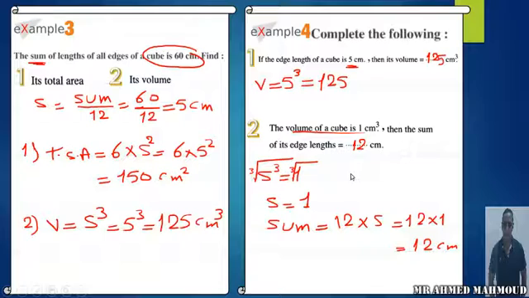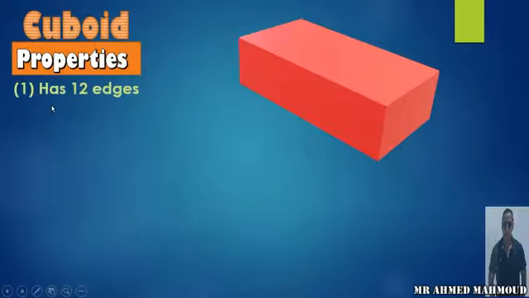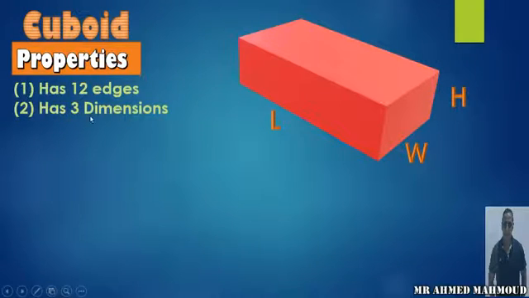Now we are going to study the cuboid, the second one. Okay, first, this is the shape of the cuboid. It's a box formed from 6 faces as we took before and 12 edges. Let's study its properties. Number 1, it has 12 edges, and number 2, the 12 edges are divided into 3 dimensions.